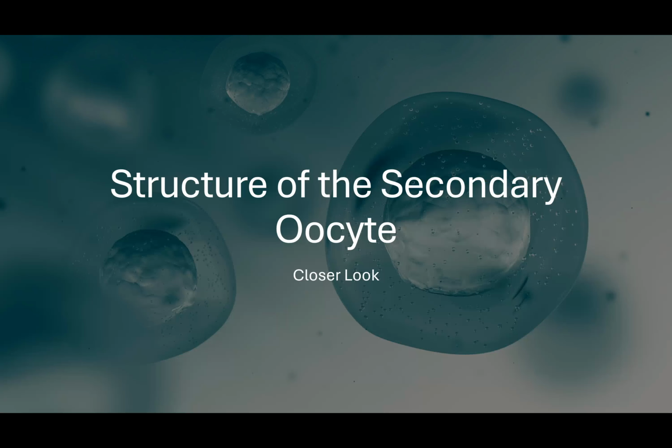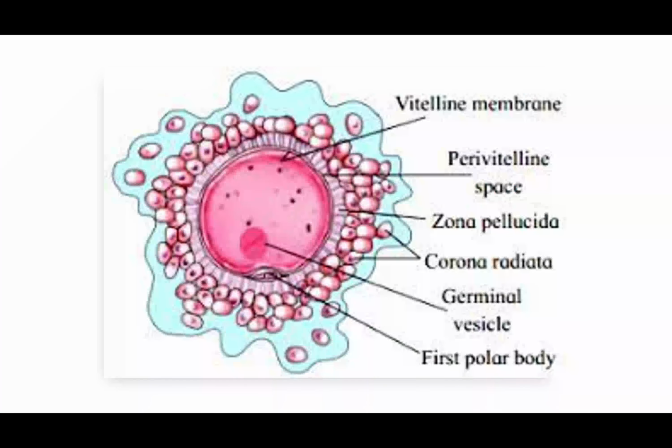Okay. The structure of the secondary oocyte now. For the secondary oocyte, we have the vitelline membrane, which is kind of like our cell membrane. And then we're going to have the perivitelline space. Peri means around, so the space around the vitelline membrane is called the perivitelline space.